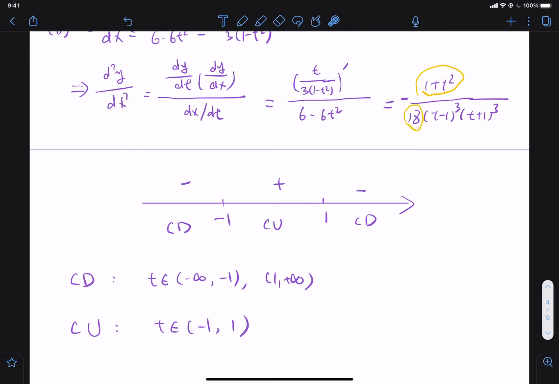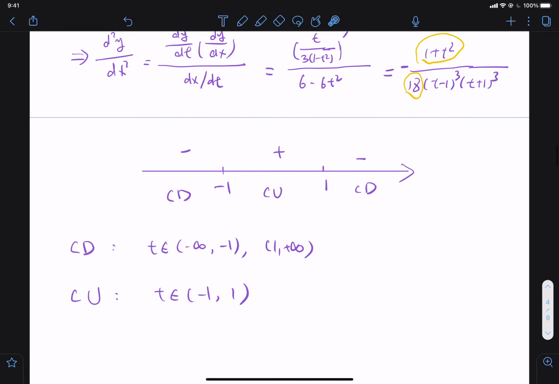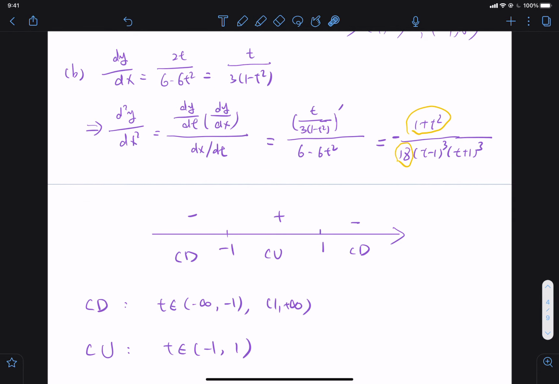Because we were dealing with this according to t, not x. So we should pay attention that the variable here is t belongs to this interval, not x belongs to this interval. And the function is concave up when t is from negative 1 to 1. So that is our question B.